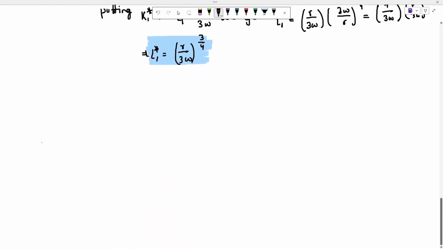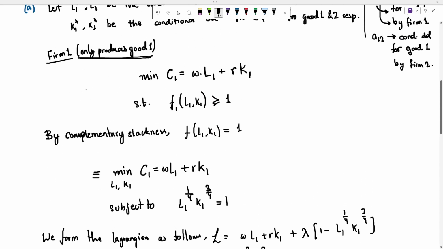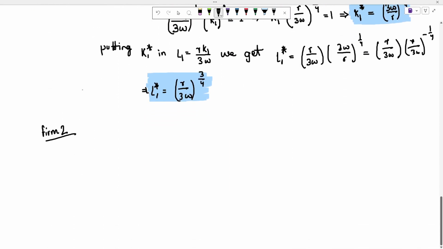So firm 2 only produces good 2, right? So this guy is going to minimize over L2 and K2.